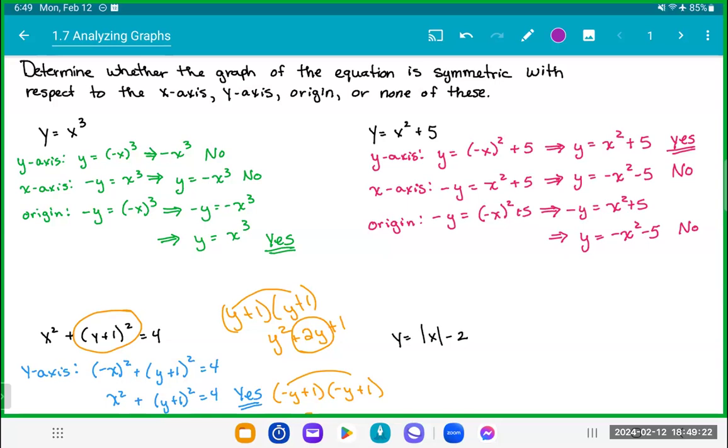Once you come up with what it's symmetric to, put that in the discussion board. And if you think that it's none of them, you can put that as well.